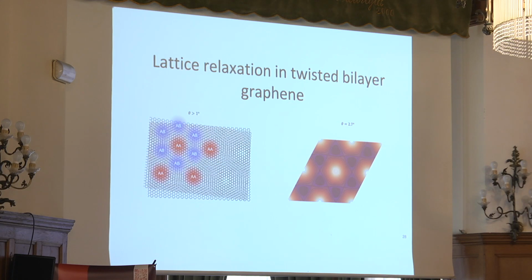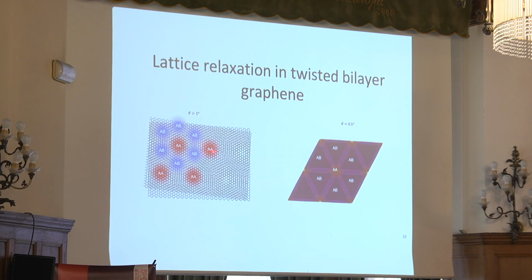You can see that here in this picture when you calculate the Moiré pattern for different twist angle. Initially it's periodic here, and now you go to smaller twist angle, and you start to see more of this lattice relaxation, which then leads to triangular patterns. Okay, and you can see now the AA region is smaller and the AB region is larger. Right?